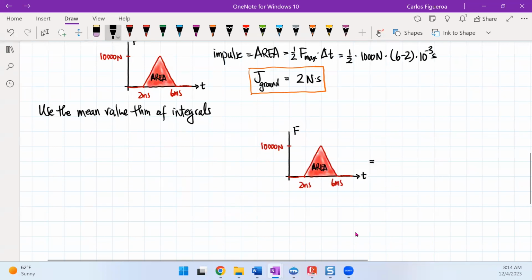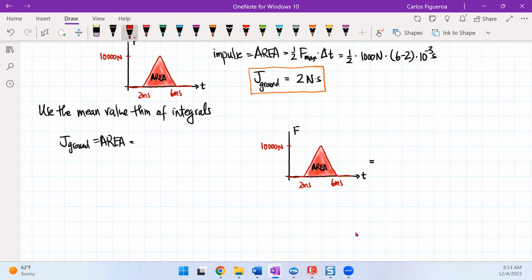So since this is the force of the ground and this is an area, we can get two different areas. We could get the area where I have a triangle, and as long as the area of the triangle is the same, I can choose a second area that is exactly the same area, but has a different shape.